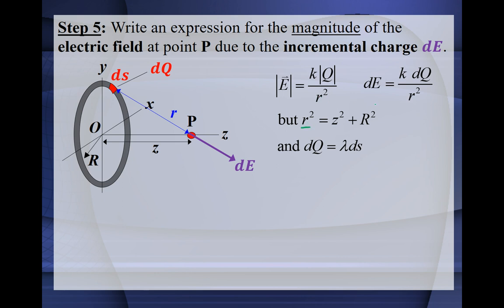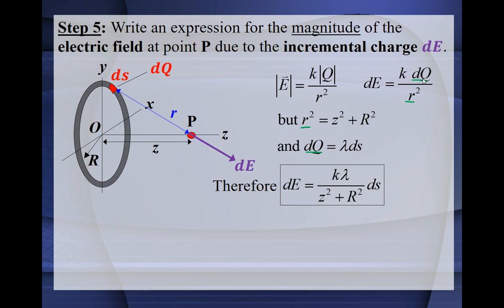We'll take r squared and plug it in right here, and we'll take dQ and plug it in right there. So if we do that, we then have an equation that tells me the electric field magnitude due to that differential charge element is equal to K times lambda divided by z squared plus capital R squared, multiplied by ds.